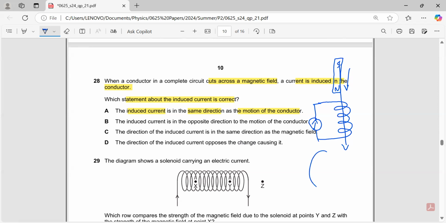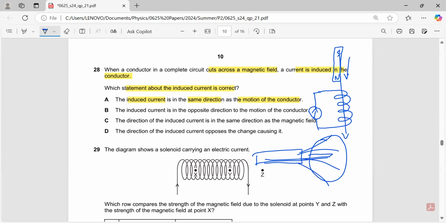It's simply circular, and if the magnet is moving inside and outside, how would the direction of current be like this? It's in a circular path, right? The next statement, the induced current is in the opposite direction to the motion of the conductor. Again, not possible. The direction of the induced current is in the same direction as the magnetic field. No, not possible, because the magnet is like this. So these are the magnetic field lines, and the current direction is not in the direction of the magnetic field.